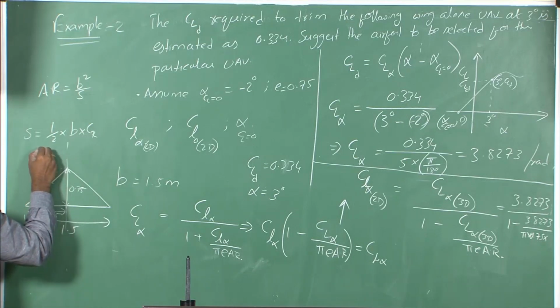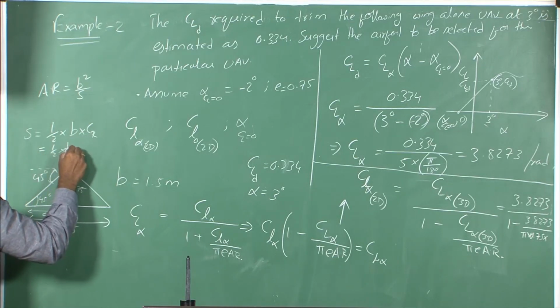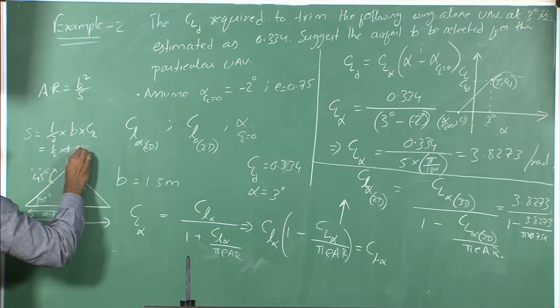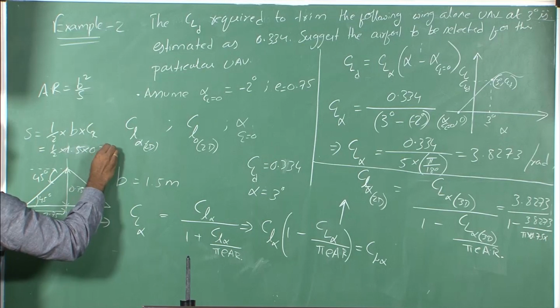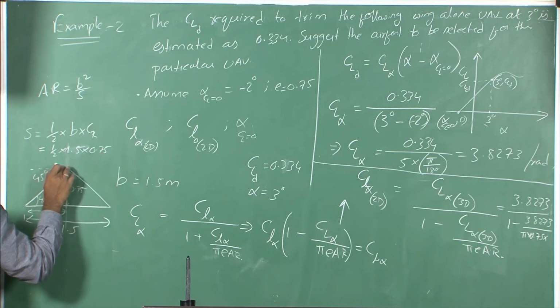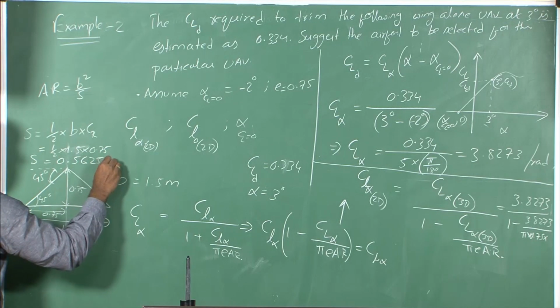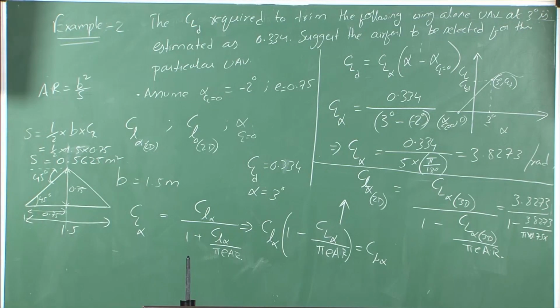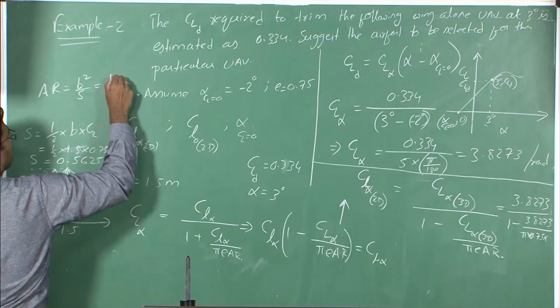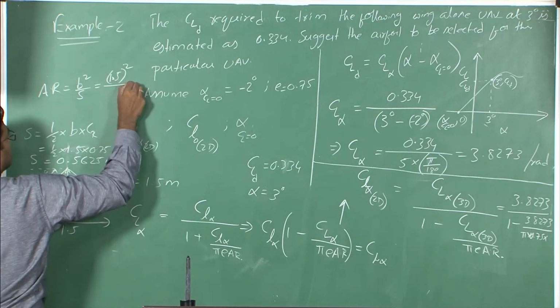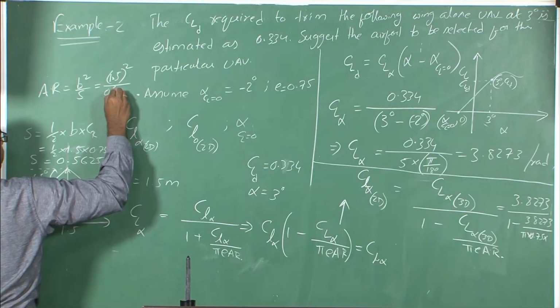So you have half base into height, you can simply substitute 1.5 into 0.75. So S is 0.5625 meter square. The corresponding aspect ratio is 1.5 meter square divided by 0.5625.